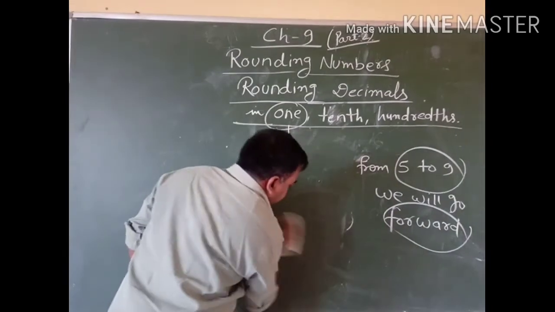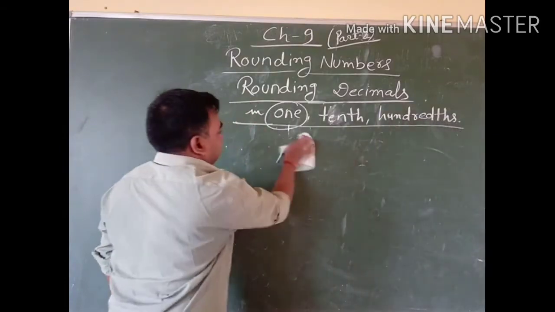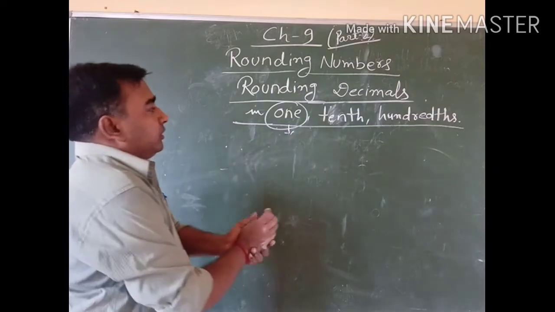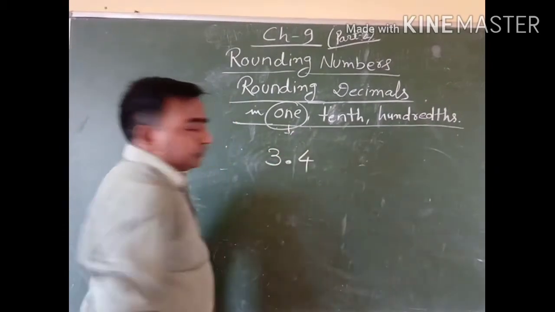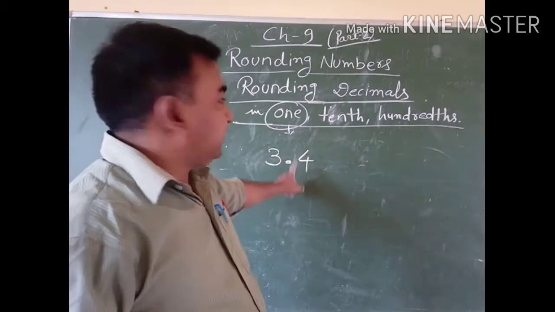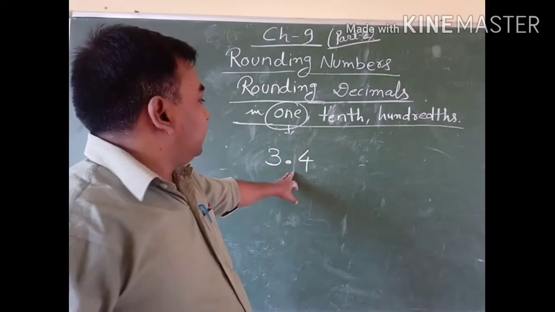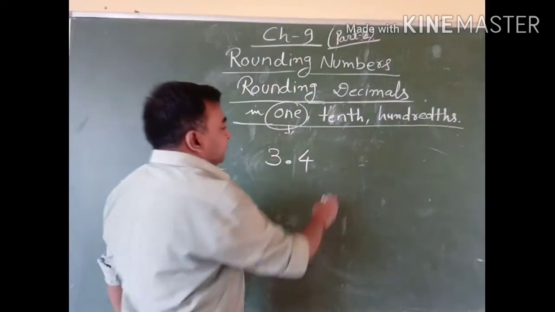Now the second thing is, suppose that I have written 3.4 and we change this decimal number in rounding to the nearest ones.